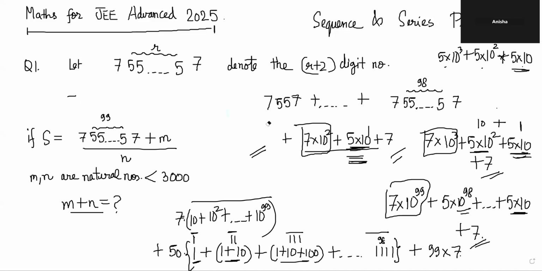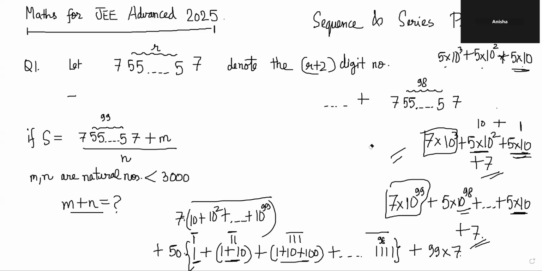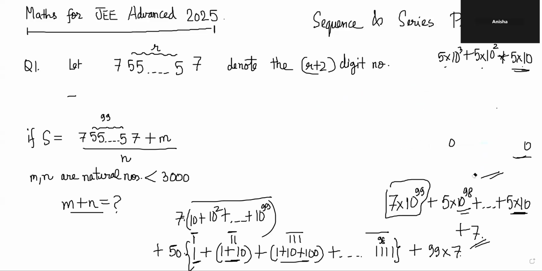The first term is obvious, that would be 7 into 10 power 99 minus 1 by 9. So the first term is 10 and there are 99 terms, so it is 10 power 99 minus 1 by r minus 1. You have forgotten the 10.